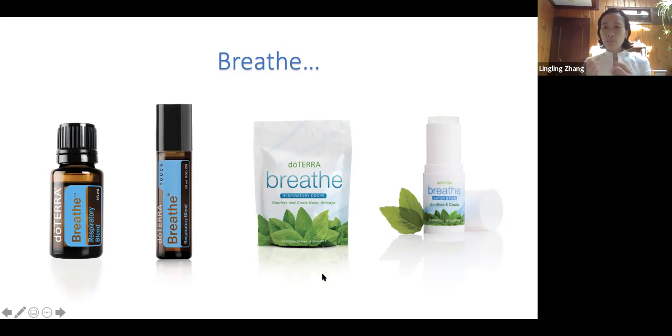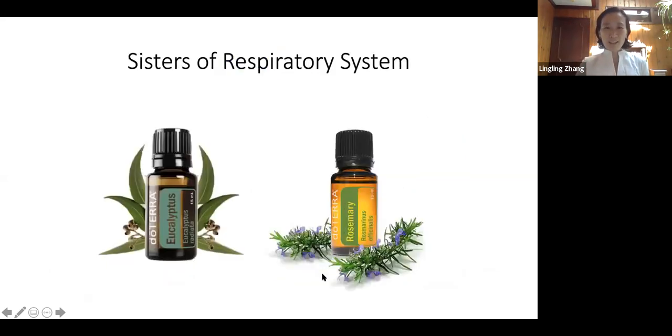So sometimes it's better to apply to the back, but of course you need other people to help you. If you don't have anyone who can help you and you cannot reach yourself, then do it from the front, okay? But if you can, for example, you can apply it for your children. So please remember front and back to help their breathing issues, okay? So this is the Breathe product line.